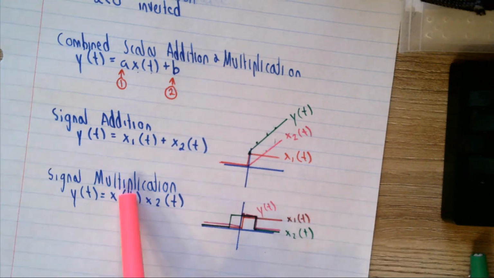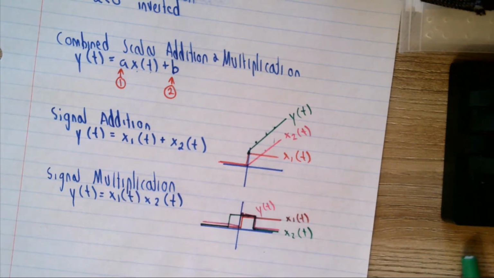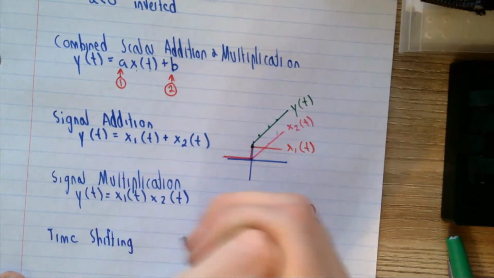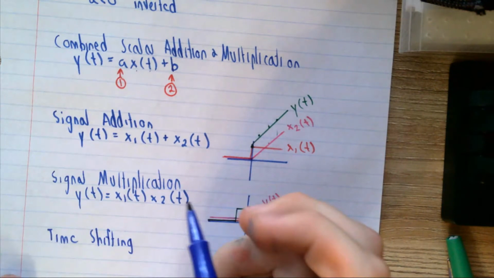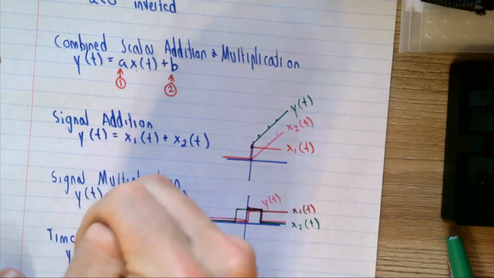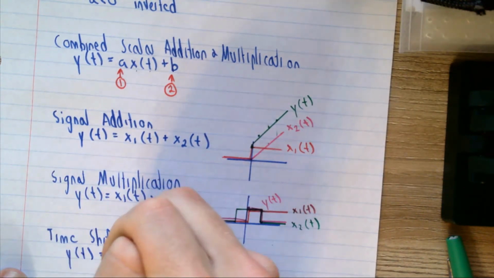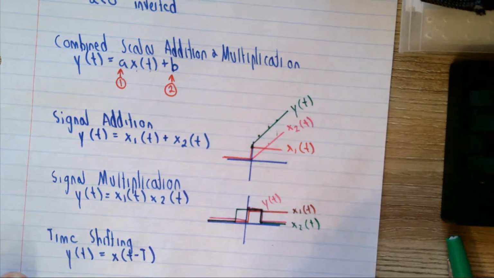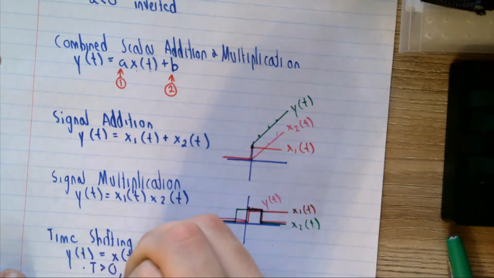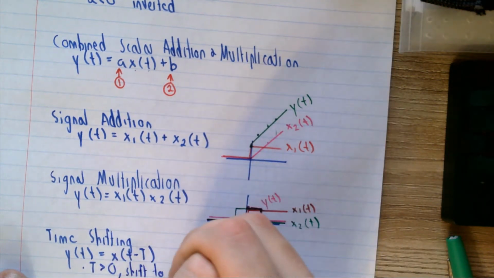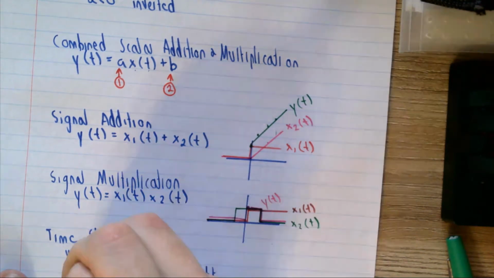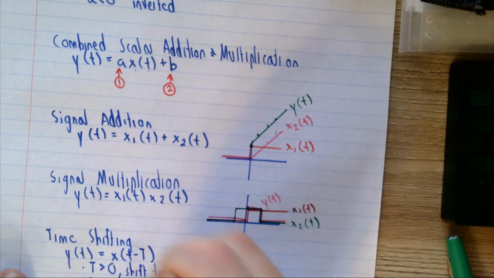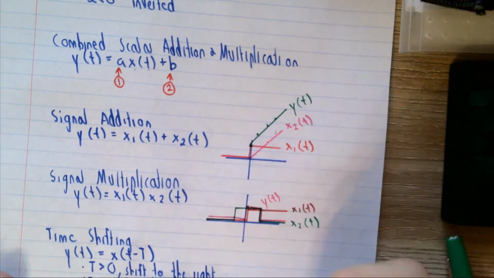So time shifting is when y of t is equal to x of t minus T. And when large T is greater than 0, you shift to the right. But when it is less than 0, you shift to the left. And so that's how we have the two cases for time shifting.